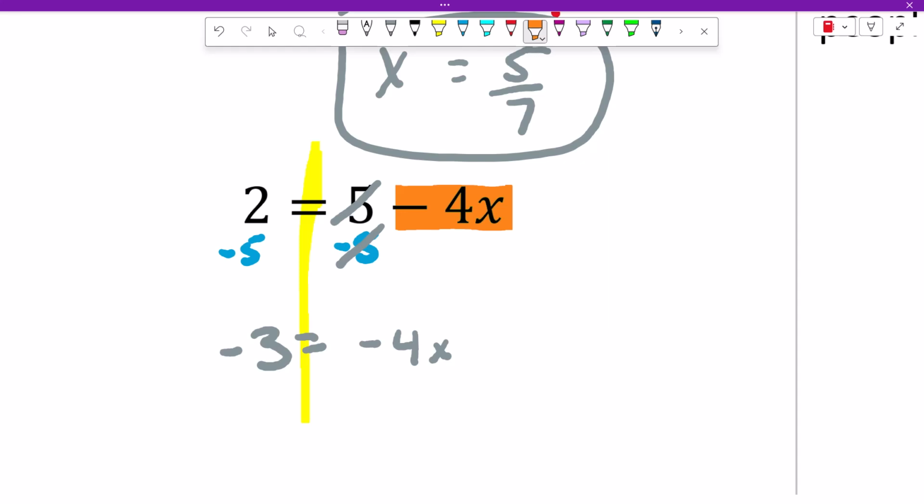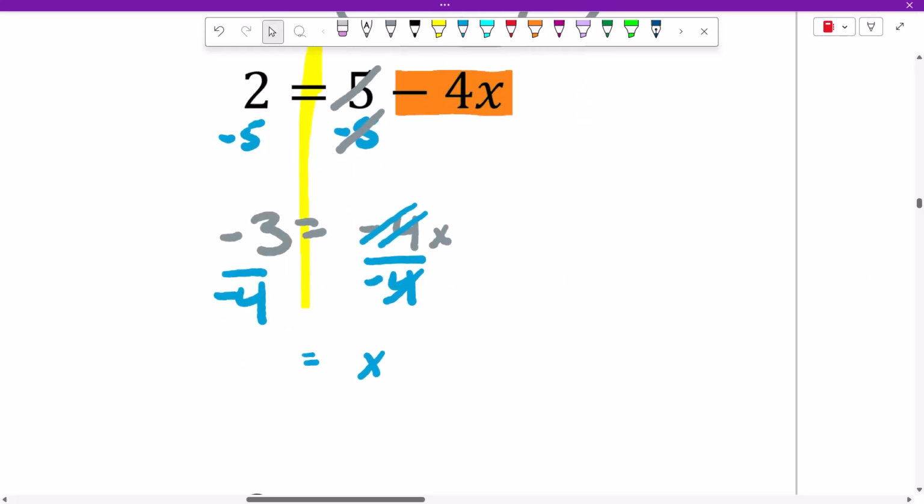Okay? So now, cover up this side. We want to get rid of that 4. It is 4 times x. So the opposite of multiplying is dividing. So we have to divide by not just 4, but -4. You want the negative side to disappear. You divide this side by -4. So those go away. You're left with the x here, which just happens to be on the other side.